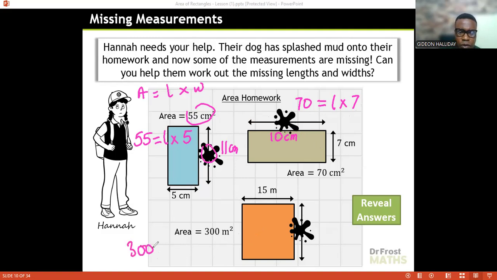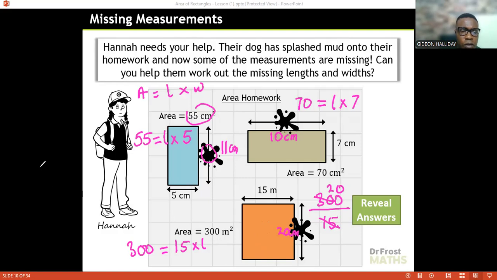So 300 equals 15 times L. You'll be doing 300 divided by 15. Let's do division: 15 into 30 is 2, and with the 0, 20. So this would be 20 centimeters.